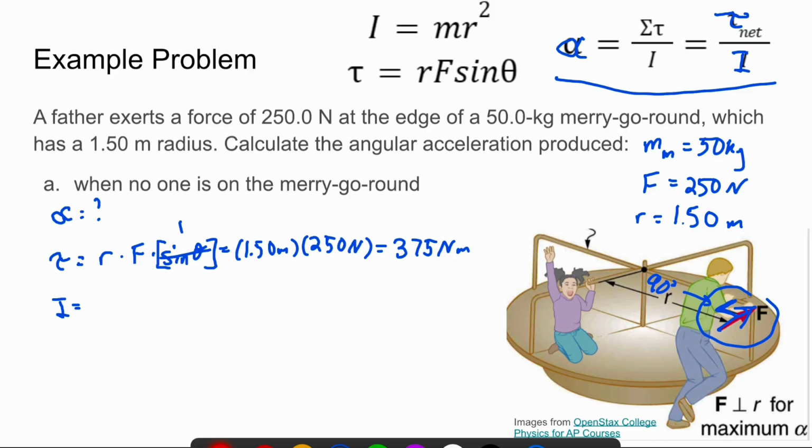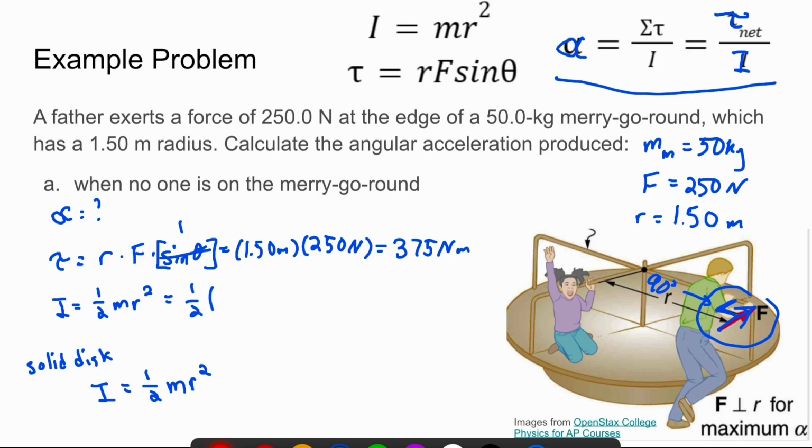And if our merry-go-round is just a solid disc, then we want to find from our reference the moment of inertia for that solid disc. The moment of inertia for a solid disc is 1/2 times mr squared, with m being the mass of that object and r being the radius of that object's shape, squared.